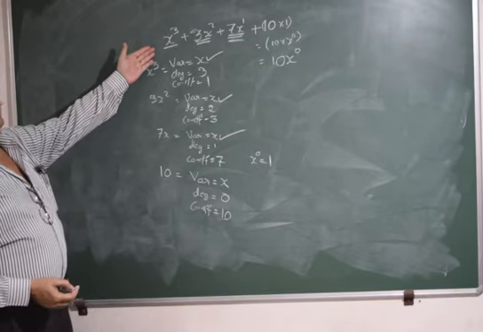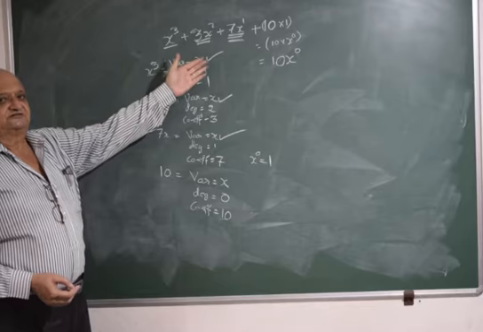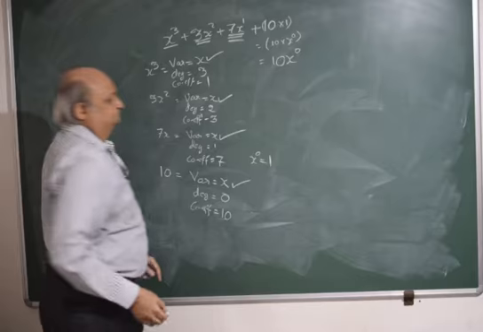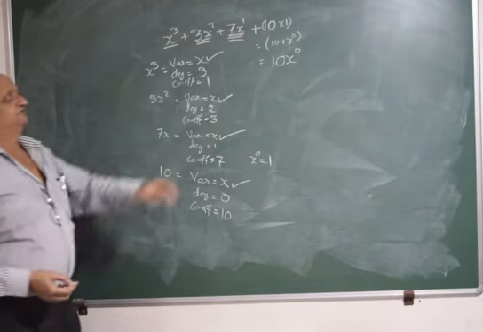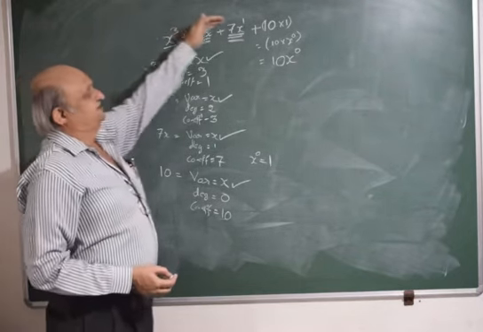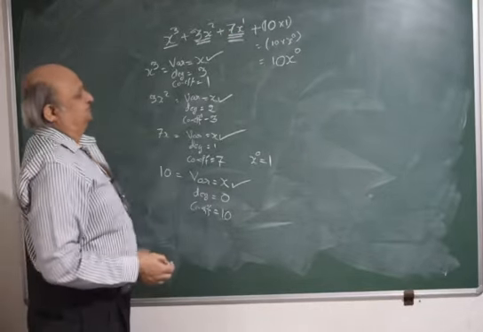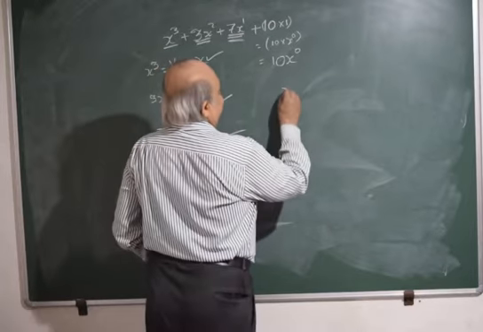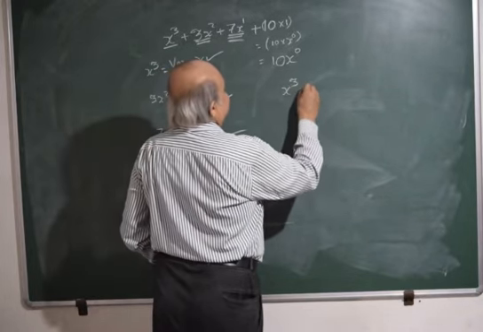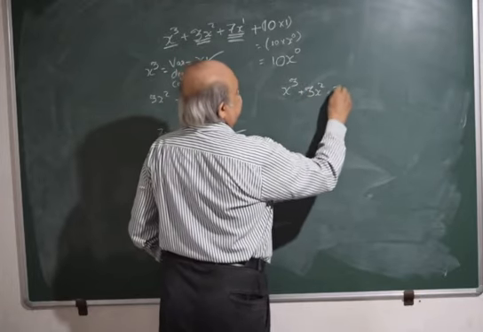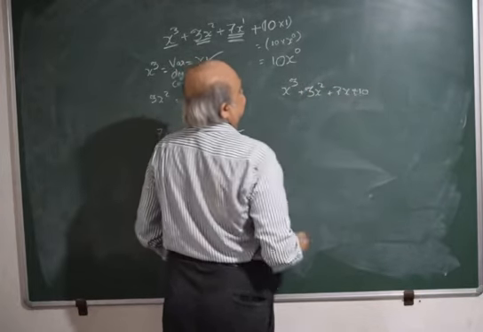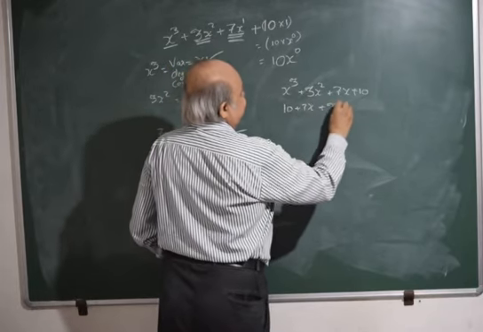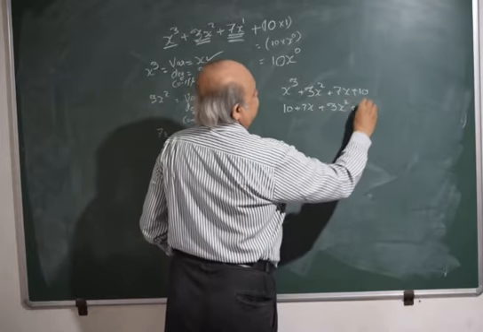Generally, when we have different degrees in a question having just one variable, then always remember to arrange these degrees in either descending order or ascending order, and therefore if we write it as x cubed plus 3x square plus 7x plus 10, it can also be written as 10 plus 7x plus 3x square plus x cubed.